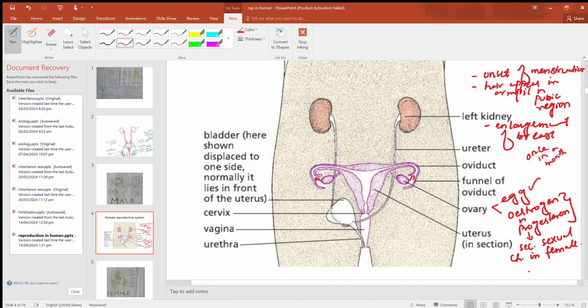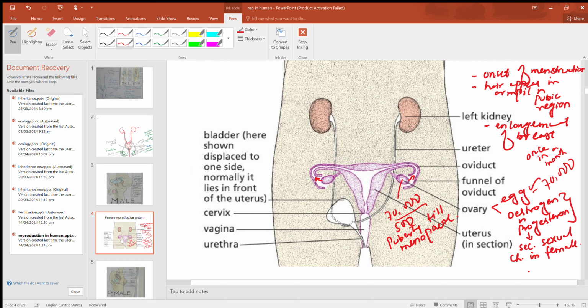At the time of birth, approximately 70,000 potential egg cells are present within the ovary, and out of these, only approximately 500 eggs mature from the time of puberty till menopause. It releases an egg once in a month from either ovary into the oviduct.